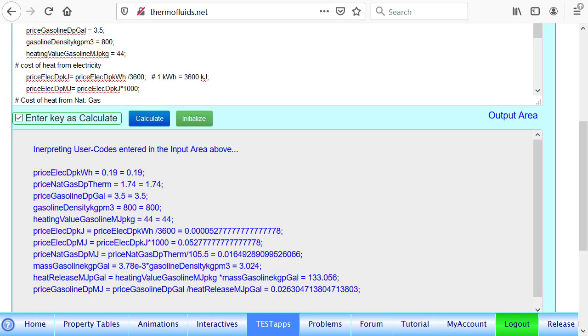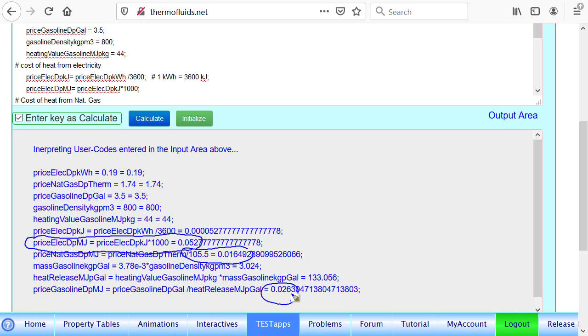The electricity price turns out to be 0.05, about 5.2 cents. The price of natural gas is about 0.016, about 1.6 cents per million joule, and gasoline is about 2.6 cents per million joule.